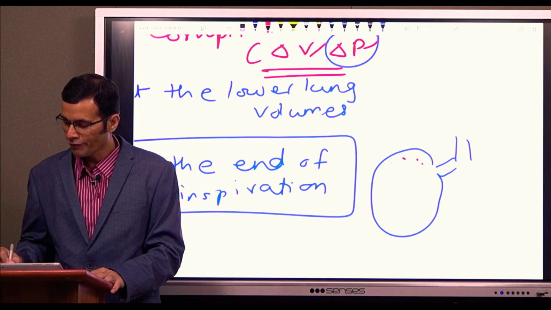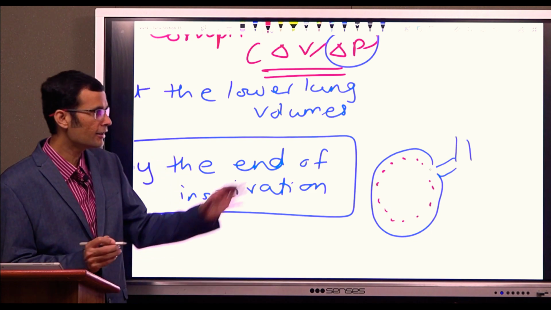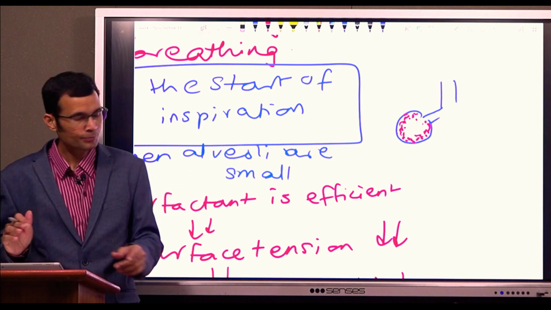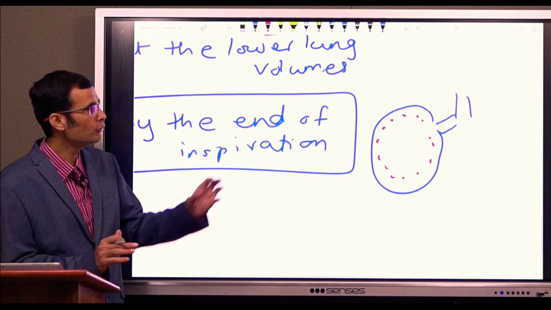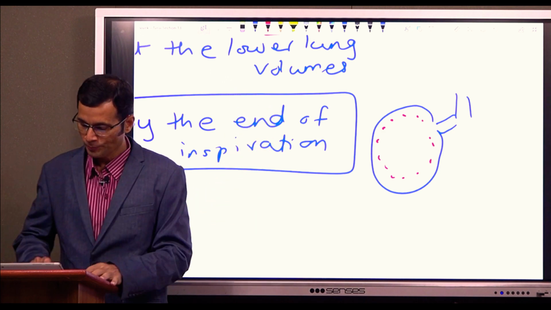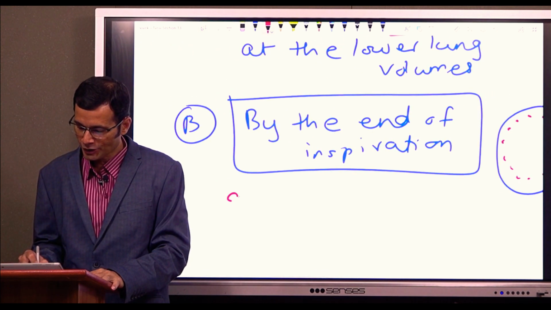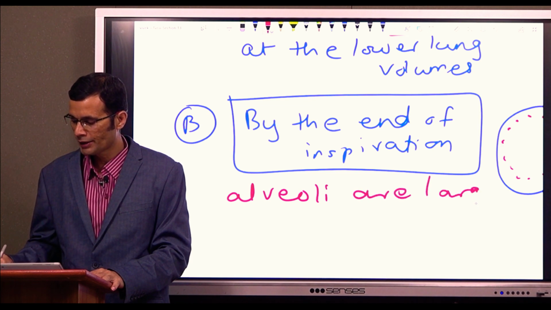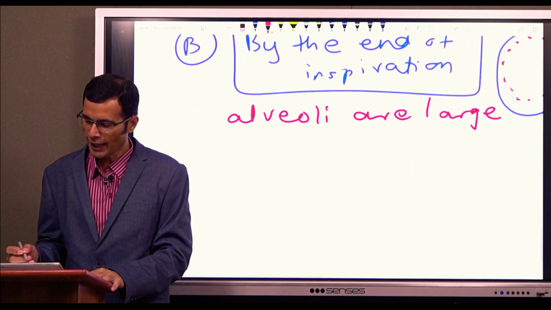That means the surfactant molecules are scattered now. Look at this alveolus and look at this alveolus. Now the surfactant molecules are scattered because alveoli have become large. So by the end of inspiration, alveoli are large in diameter, surfactant molecules are scattered.